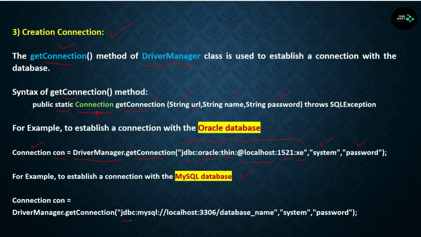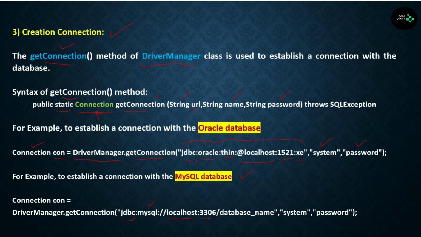We will begin with jdbc, just like we did earlier. Now, in case of Oracle we wrote oracle, here we will write mysql. Then we will not write @, rather we will write // followed by localhost, assuming MySQL is present on the same machine where you are working.